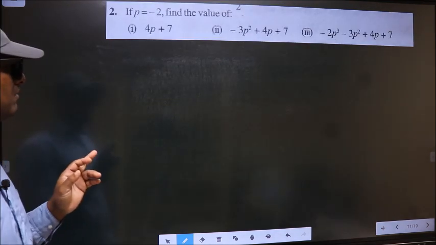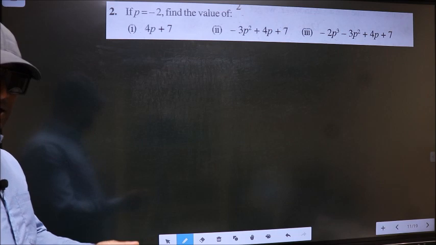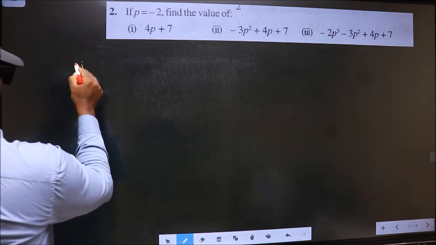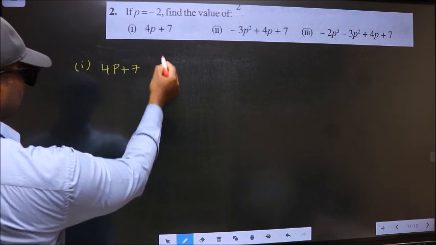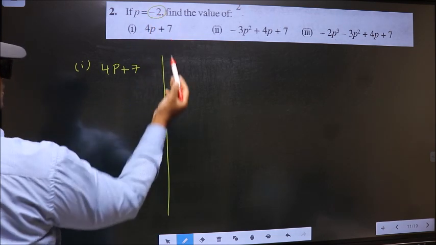If p equal to minus 2, find the value of first bit 4p plus 7. How do we find it? See, first bit is 4p plus 7. Here p value given to us is minus 2.